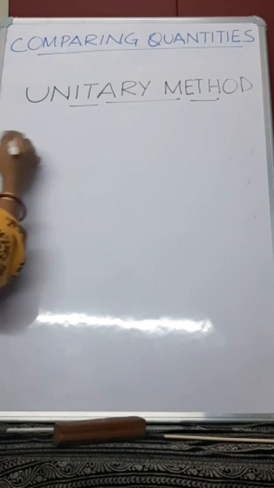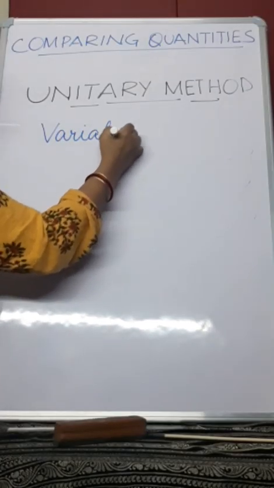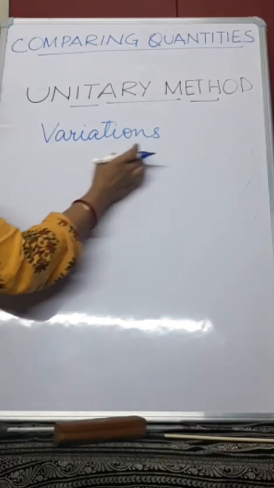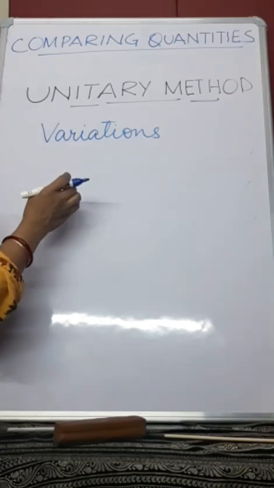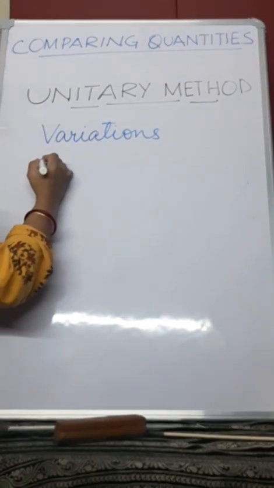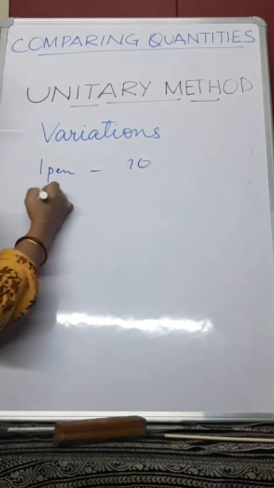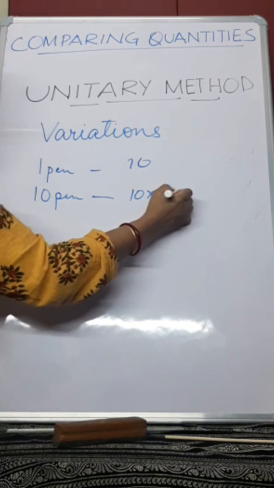Now there are two kinds of variations. Just now I said if 5 pens cost rupees 50, 1 pen will cost less. So this is known as the direct variation, because when 1 pen costs rupees 10, then 10 pens cost more, that is 10 into 10, 100.